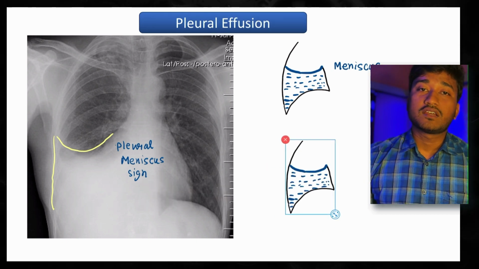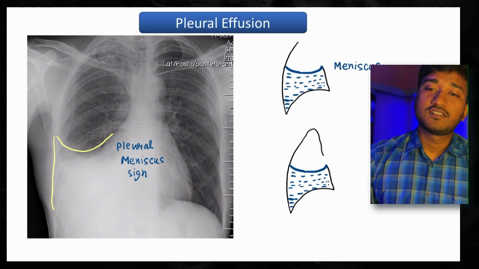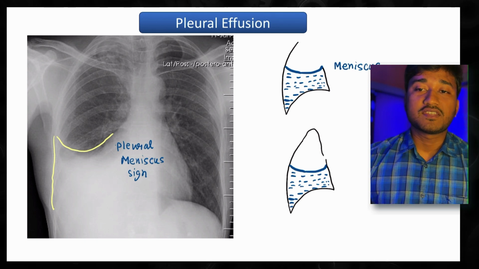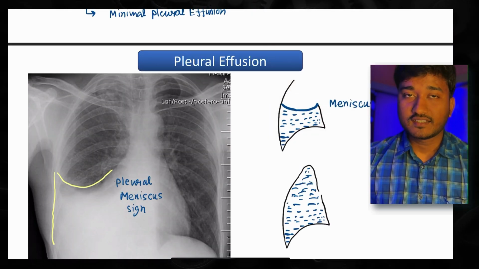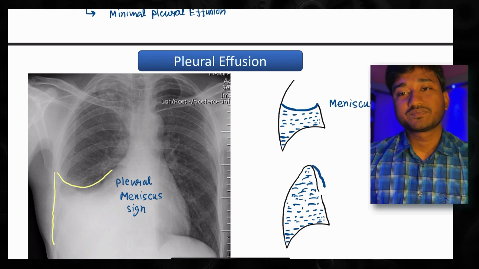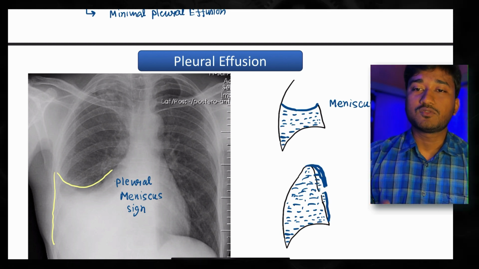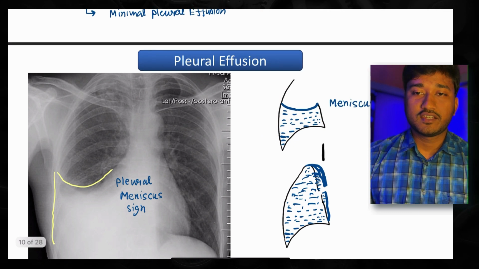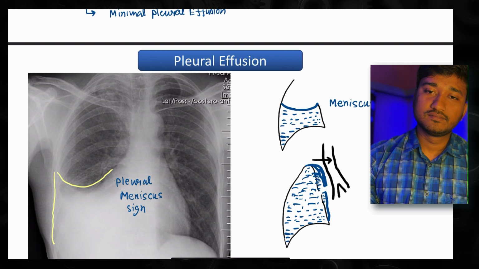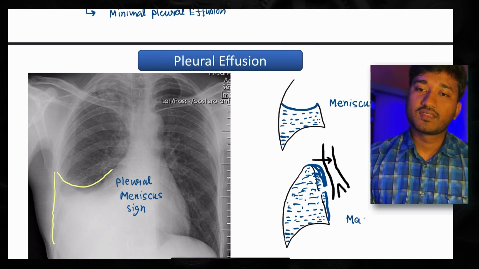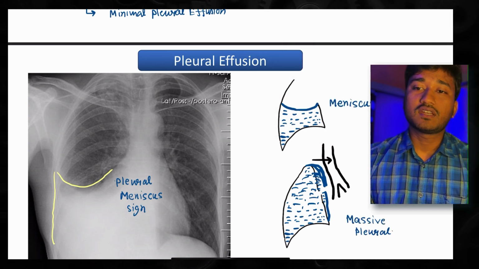If the fluid increases so much that the total space is covered, it will push the mediastinum to the opposite side. So this is massive pleural effusion.